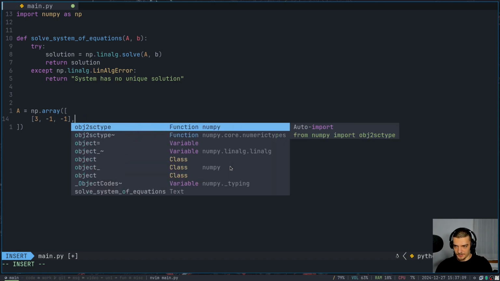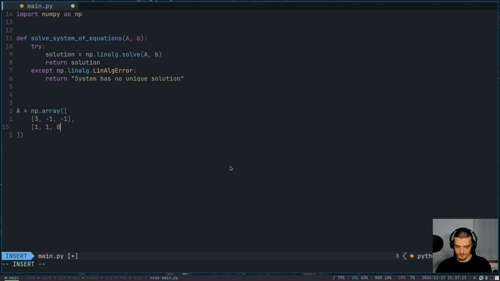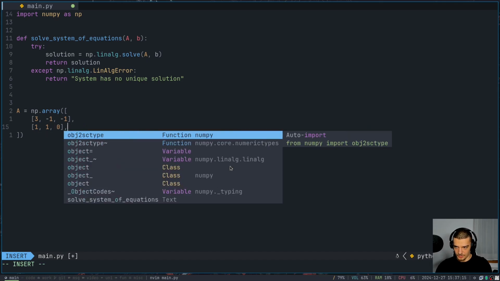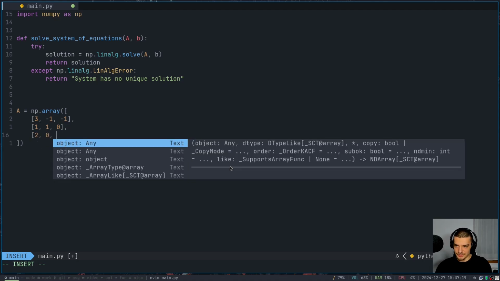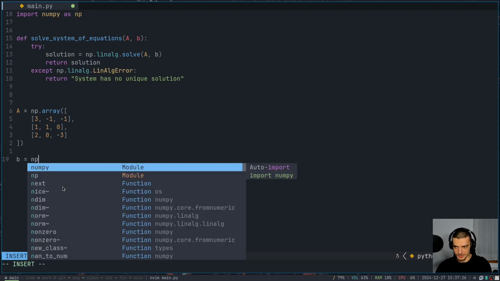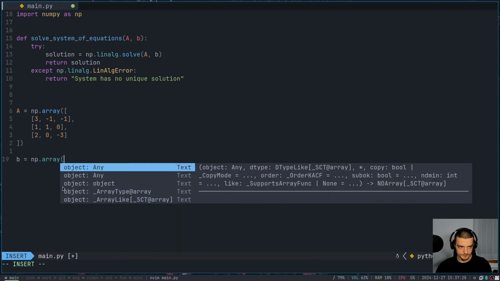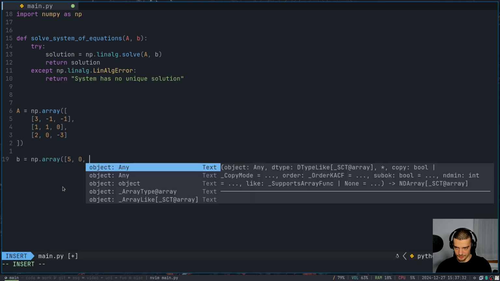Then I'm going to say 1, 1, 0. I need to do something about this auto-completion. And then we have 2, 0, -3. All right, so this is our coefficient matrix, and then our results vector is going to be np.array, and it's going to just be 5, 0, 2.